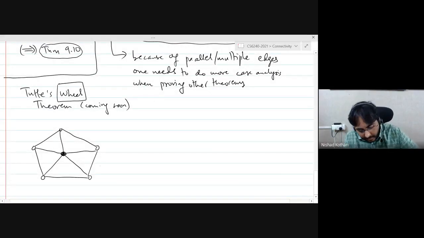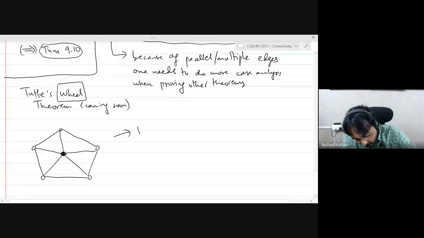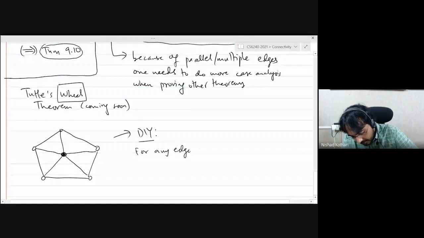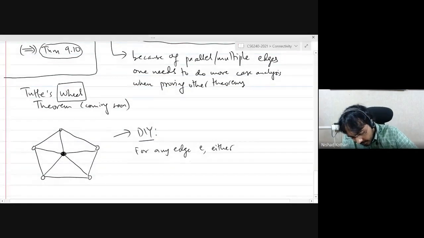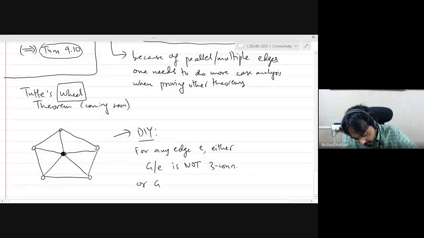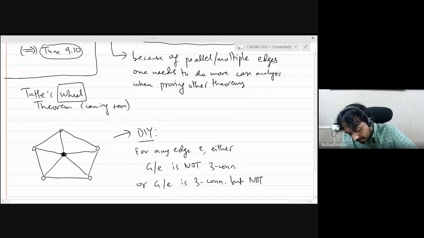And in a wheel, observe that for any edge, this is a do it yourself: for any edge E, either G contract E is not three connected, or G contract E is three connected but not simple.